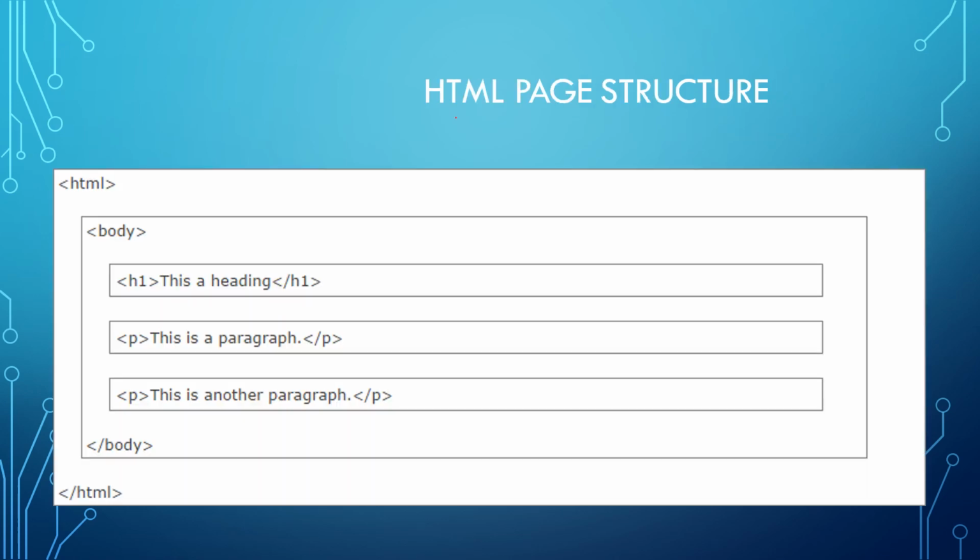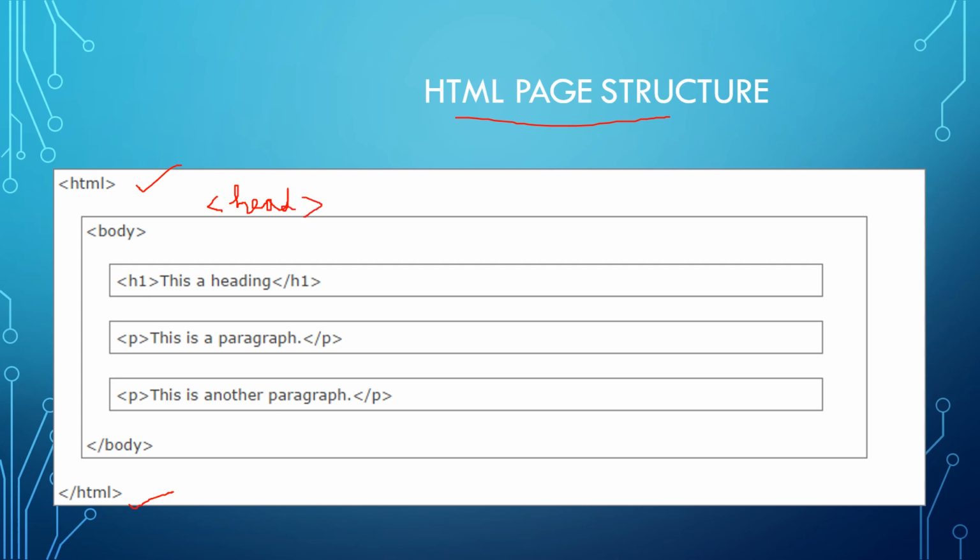Now coming to the HTML page structure. Any program which we start with HTML, usually we start with the HTML tag, and we end it with the forward slash and the HTML tag. In between lie the head and the body part. First of all we will write the head part.